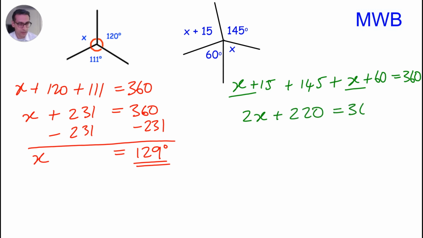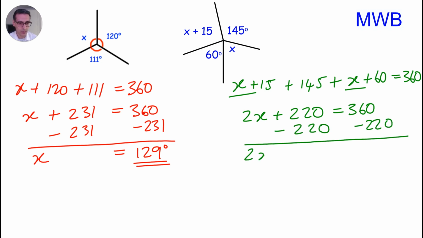That is equal to 360. I'm now going to solve this. This is a 2-step equation, so we're going to take away 220 first. So 2x is equal to 360 take away 220. That's going to be 140. And then we're going to divide by 2, divide by 2.